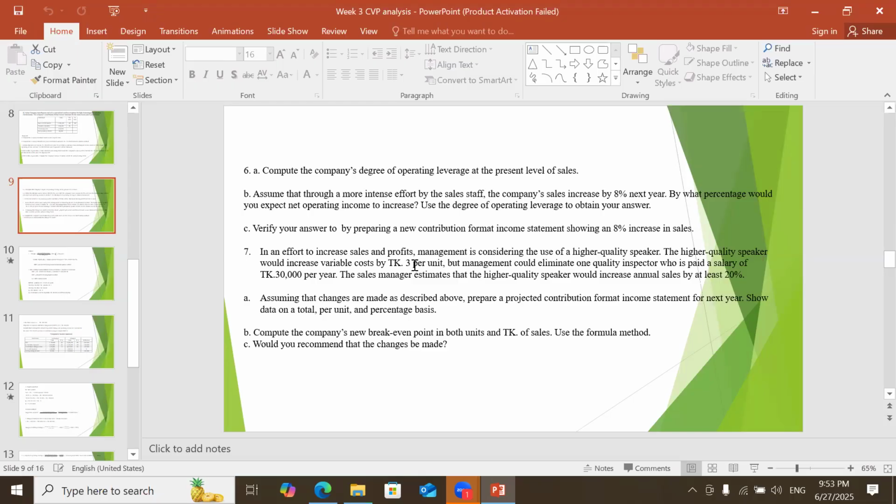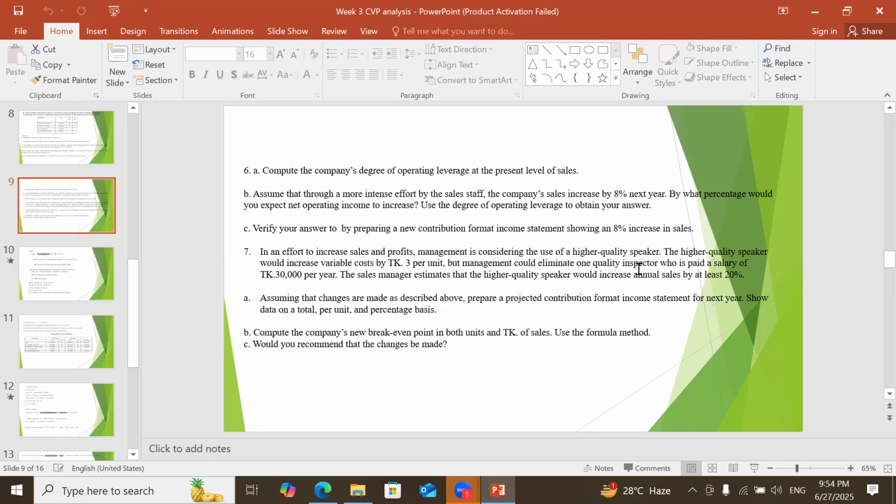Quality product, so more price. Okay, definitely. Two conditions. Condition number three, in this case, another inspector, 30,000 per year. Okay, he is already hired. Then the sales will increase 20%. This is the fourth condition of this math.